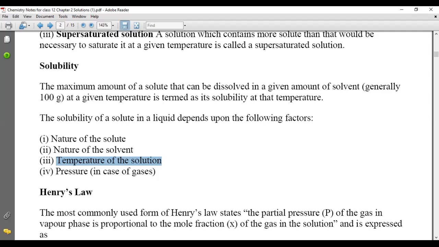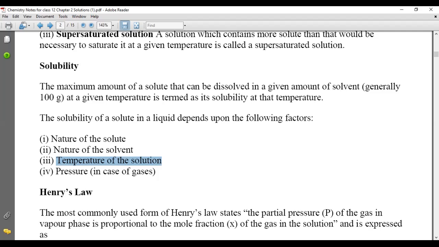Because when you write solute plus solvent, reversible sign, solution plus heat, heat is written on the right hand side of the equation. That is, heat is given out, exothermic.